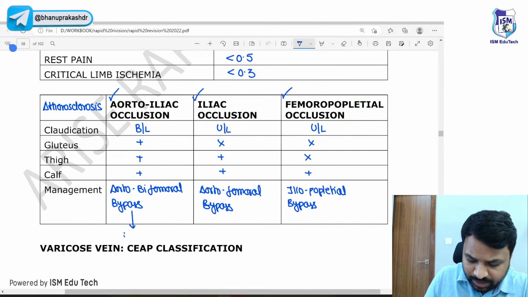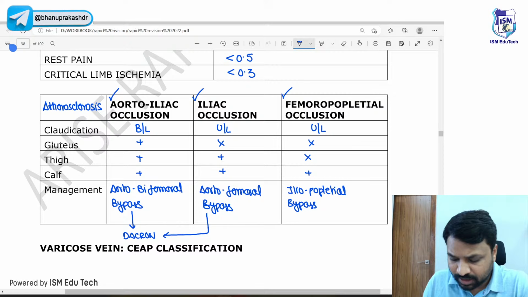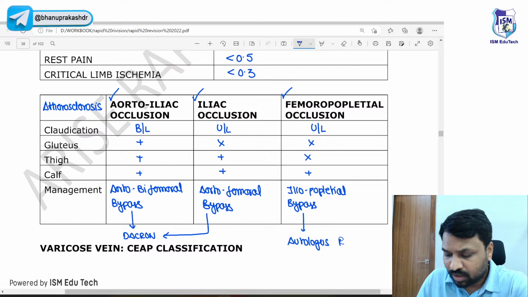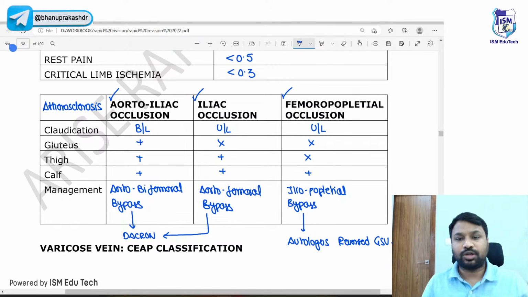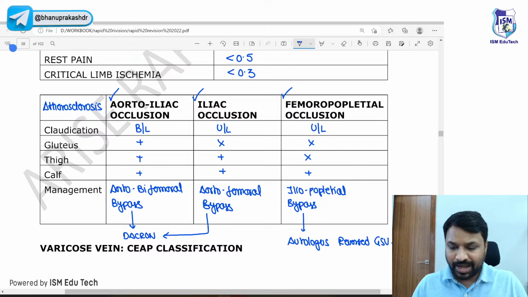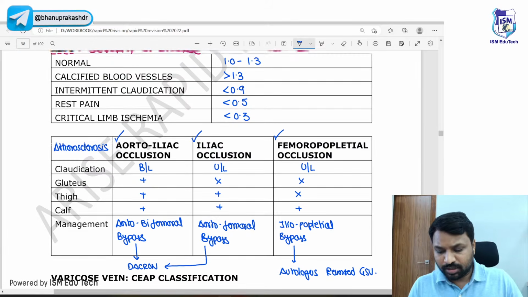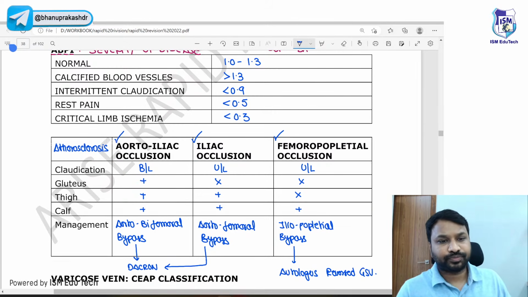For these bypasses, we will use a Dacron graft. Here we will use an autologous, that is the same patient's, great saphenous vein in a reversed manner. So the autologous reversed great saphenous vein is going to be used as the conduit for the bypass, right?